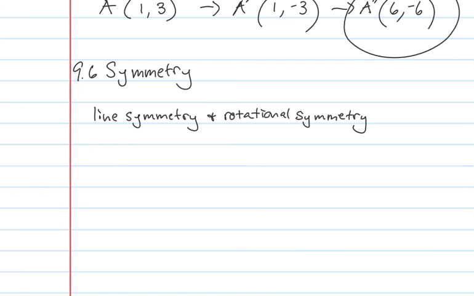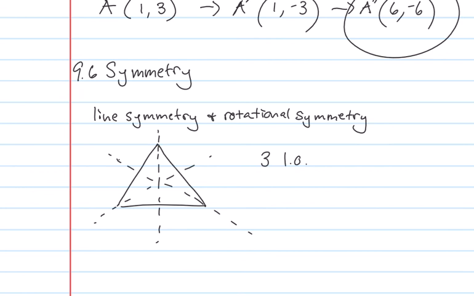So on a typical, just regular triangle here, how many lines of reflection do I have? Well, I can draw one line down this way, and that way it would fold onto itself. I could draw another line this way and a third line this way. So 3 lines of reflection, or 3 lines of symmetry, either way.